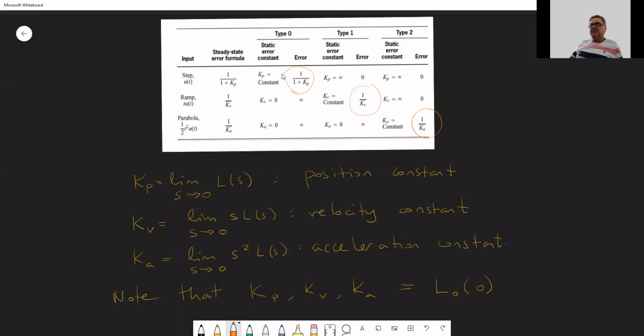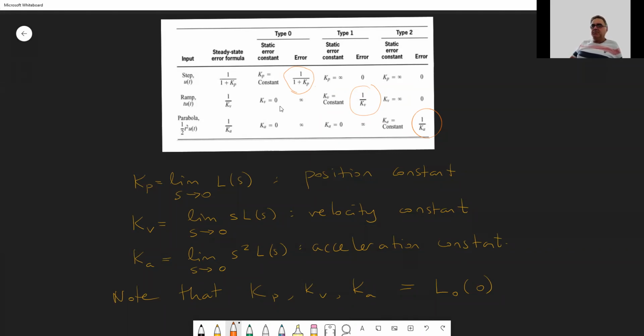This basically means for a type 0 system and with a step input, the steady state error would be 1 over 1 plus Kp. Then for type 1 system with a step input, the steady state error would be 0. For type 2 system, it would again be 0.